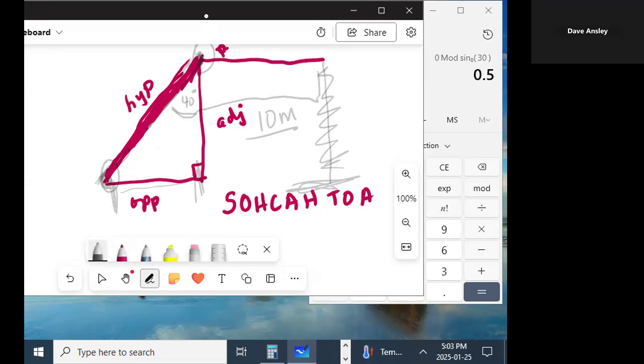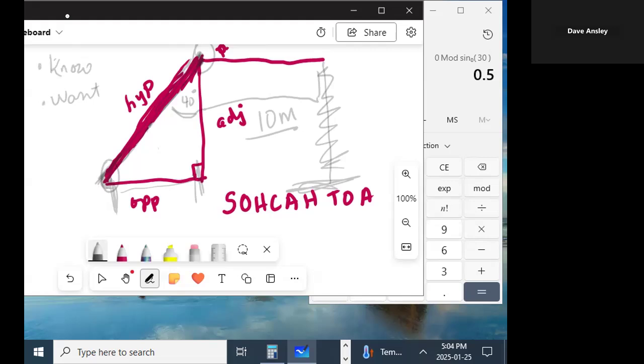Hold on a second. You're trying to buy a piece of cable. What I'm asking you is this: we're going to use one of these three formulas, SOHCAHTOA. Yes. And we already know one variable within the formula, which is the length of the adjacent side. Do you see these two words here, know and want?